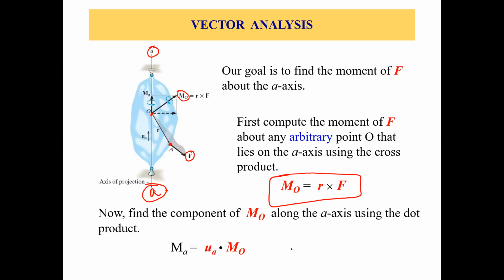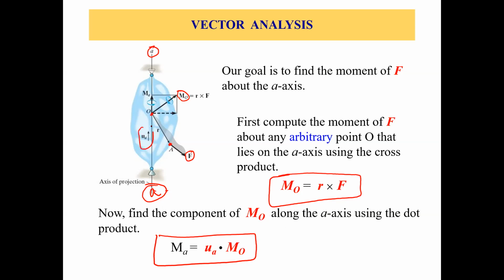Once we do that, find the component of M sub O along the a-axis using the dot product. So one cross product and one dot product. We need to do two products to find the moment about an axis. How do we do that? M sub A equals U sub A dot product with M sub O. Now what is U sub A?